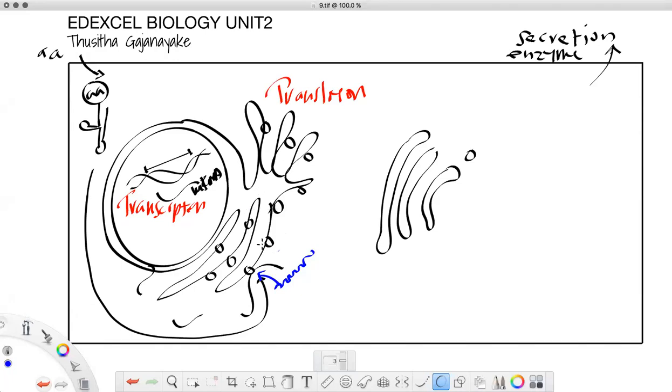After that, the polypeptide chain moves into the endoplasmic reticulum. Then the endoplasmic reticulum folds the proteins inside. After folding, the protein is packed into vesicles like this. And the vesicle fuses with the Golgi apparatus.